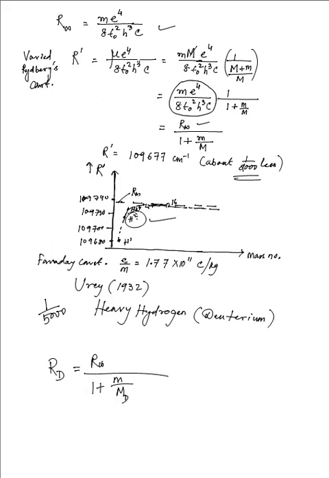That is equal to 109,737, remember, it's below 740, divided by 1 plus 1 by the mass of the hydrogen nucleus. The mass of the proton is 1836 times that of the electron.